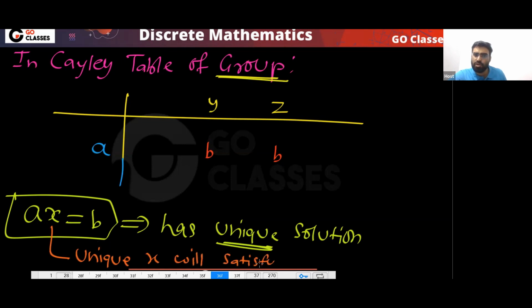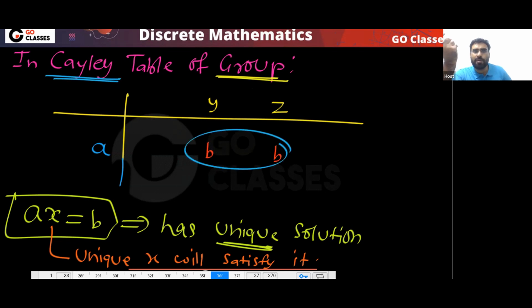So this can never happen, that y comma z, two things, are both satisfying. Agree? So in the Cayley table, this type of repetition can never happen.